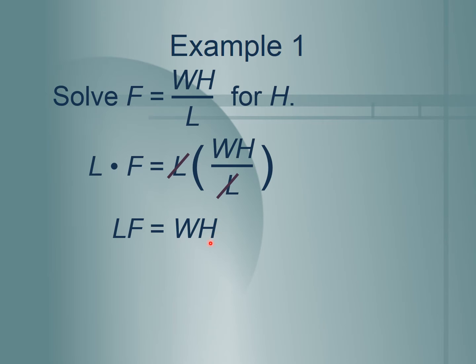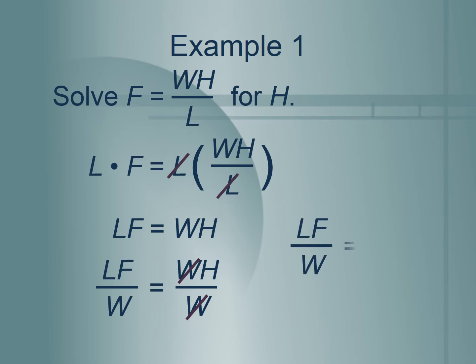Again, we're trying to solve for H. So we're undoing everything that's happening to H. Right now, H is being multiplied by W. So we're going to undo that multiply by W by dividing both sides by W. When we do that, the W cancels out on the right-hand side, leaving us that LF over W is equal to H. And we can, of course, rewrite that to say H is equal to LF over W.